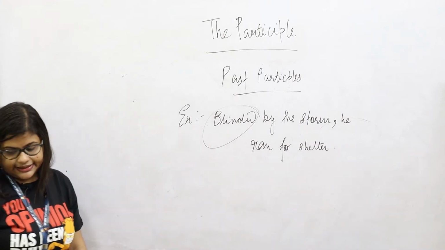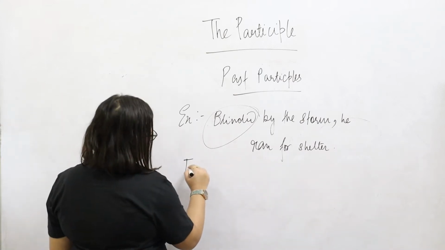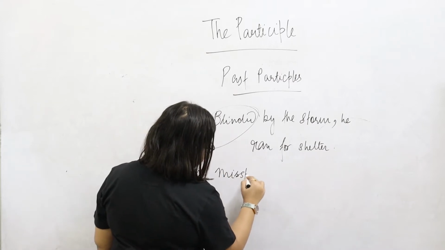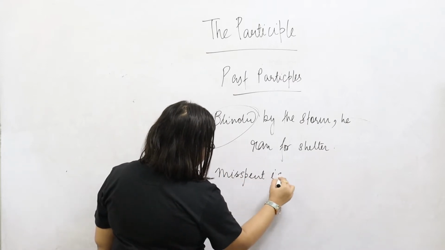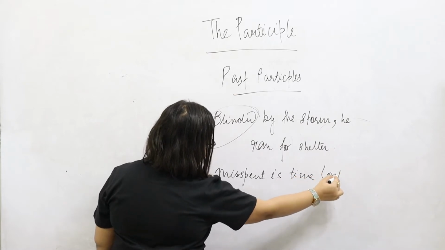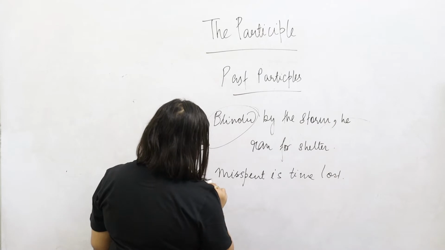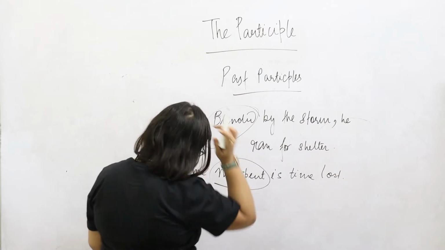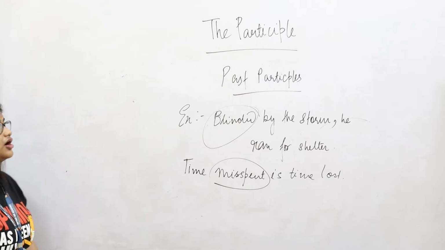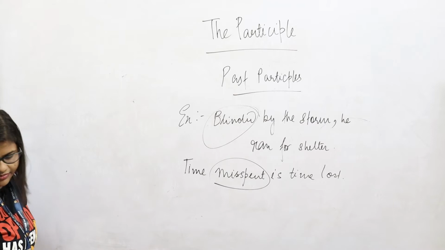Next we can say, time misspent is time lost. So time misspent is time lost, as we are taking the verb misspent.